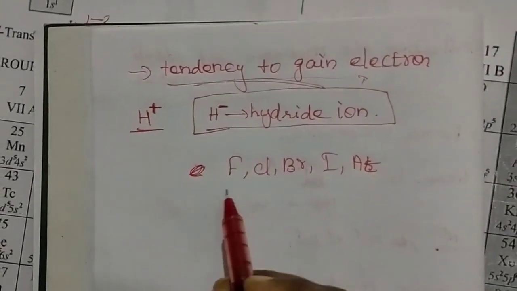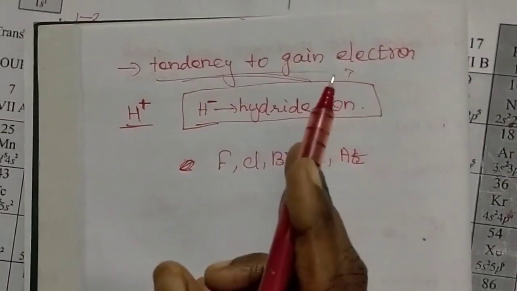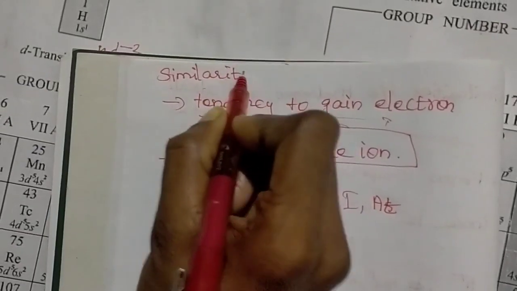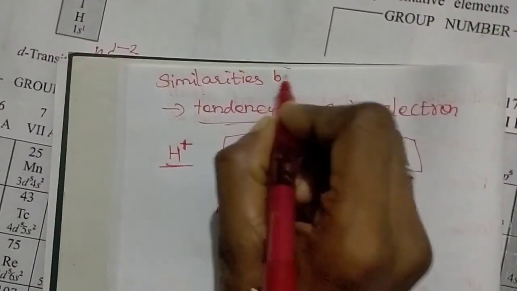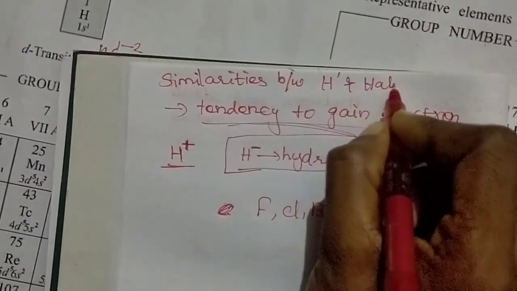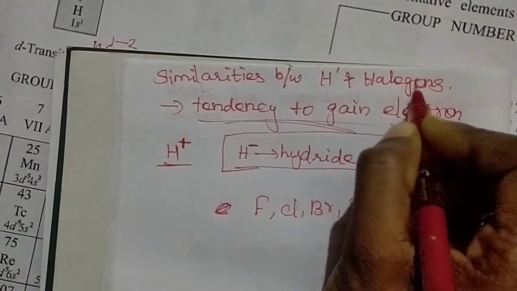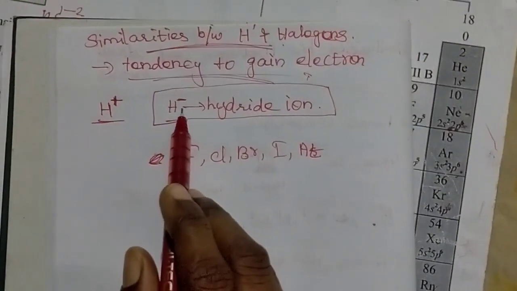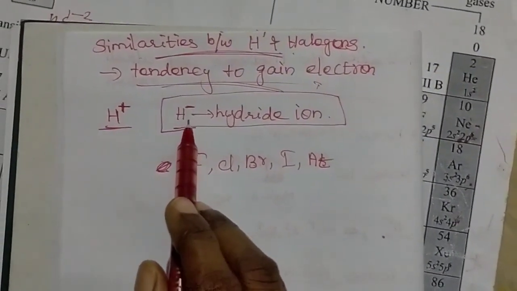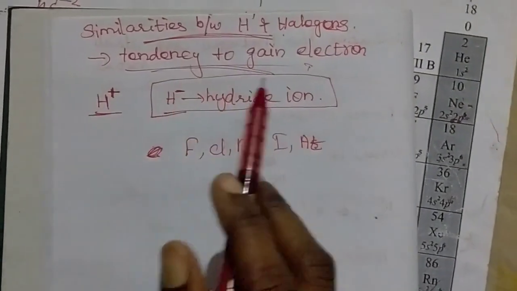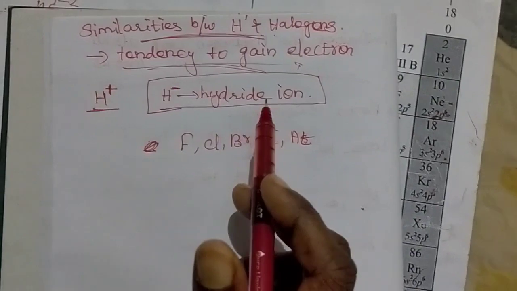So this is one similarity between hydrogen and halogens. If it gains one electron, the number of electrons present in H minus becomes 2, similar to the helium or noble gas electronic configuration.